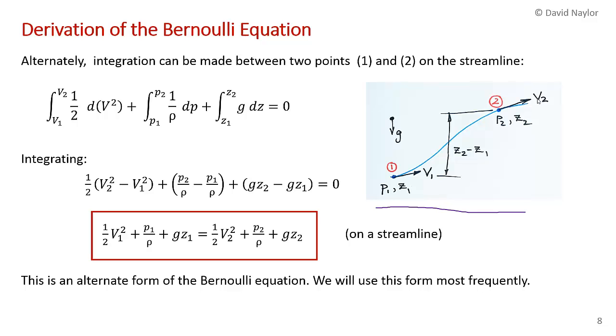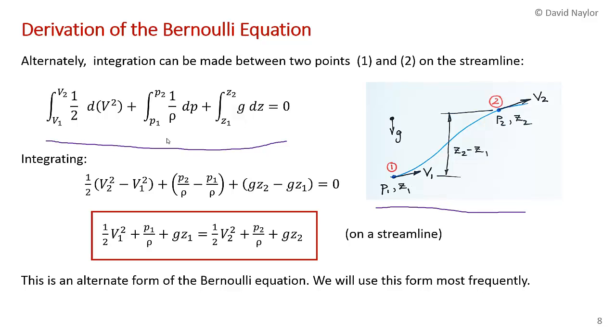So we can perform this integration from specific points on the streamline. And so we have a definite integral with the limits: from v1 to v2, from p1 to p2, and from z1 to z2 on the potential energy term.